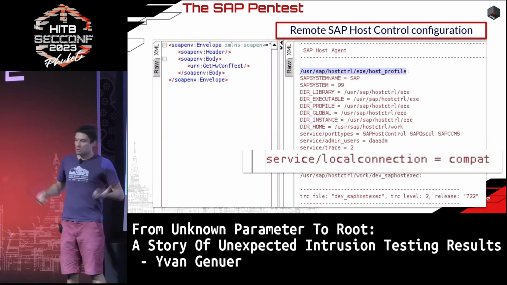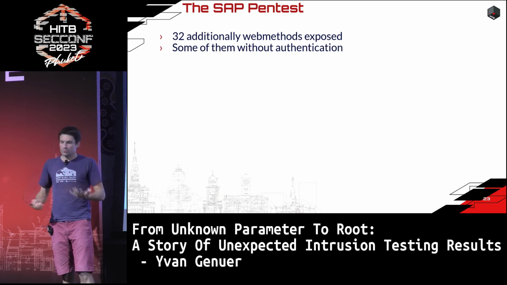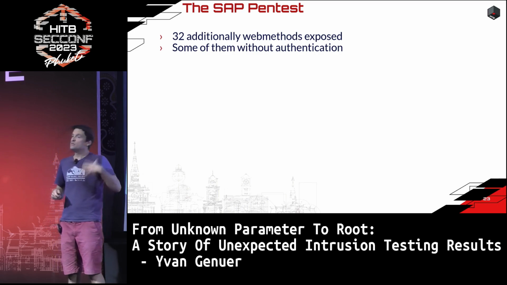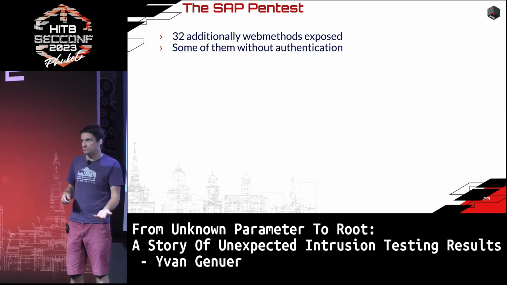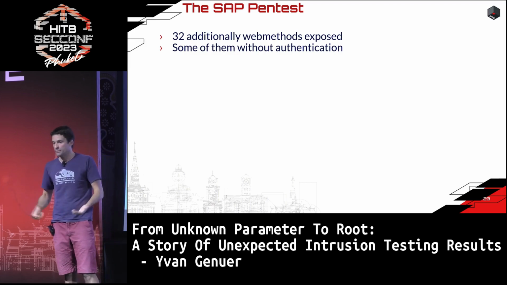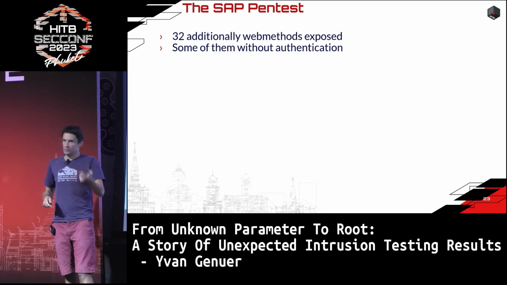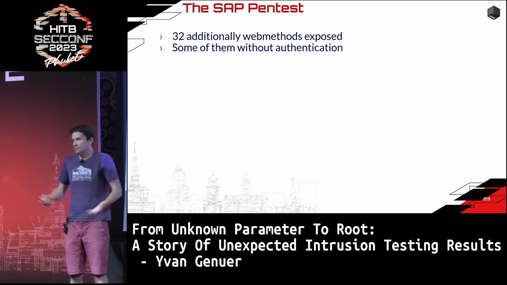All right. So I do my job, and I find that we have access to 32 additional functions remotely that are normally accessible only locally. Most of them require authentication. Even if you are able to access remotely, you need to provide a credential.